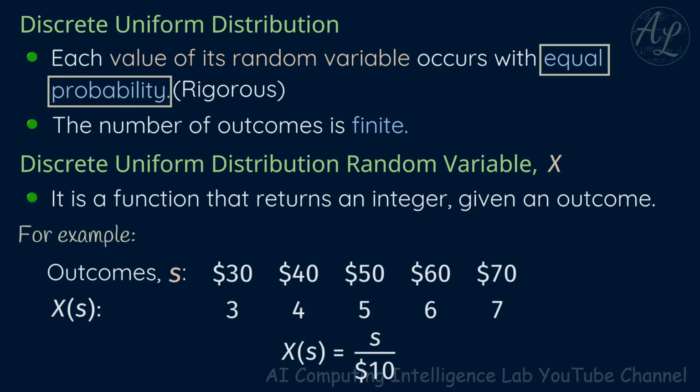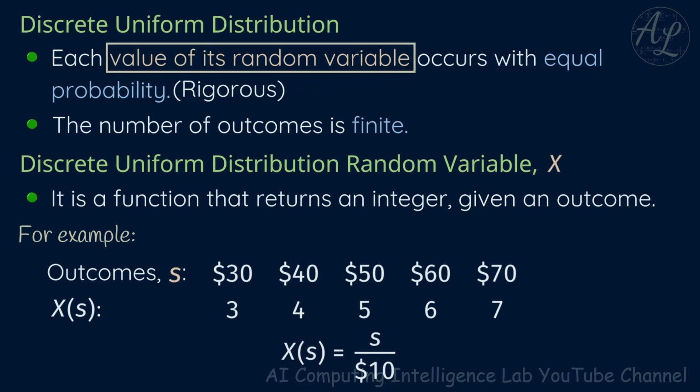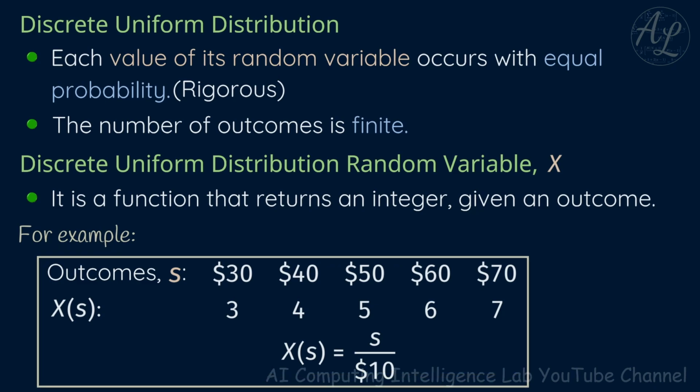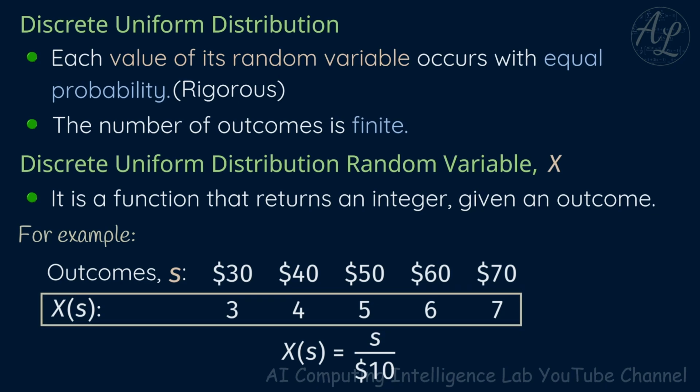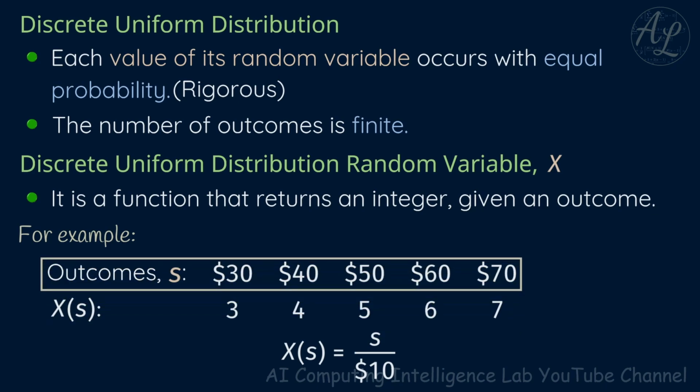So the equal probability in here actually refers to each value of its random variable instead of each outcome. So in the example, discrete uniform distribution requires that the probabilities of occurrence of each value in here are equal, even though the probabilities of occurrence in here may not be equal. This is contrary to our previous description for a discrete uniform distribution.